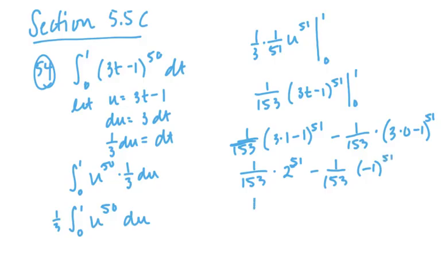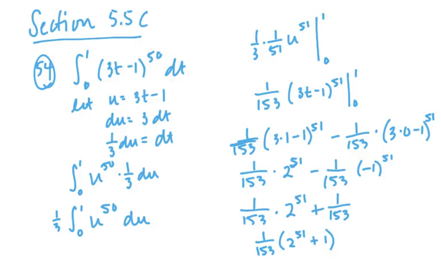So I have 1 over 153 times 2 to the 51st. And negative 1 to the 51st is negative, so this becomes plus 1 over 153. I would factor out the 1 over 153, so this will be 2 to the 51st plus 1. That's probably your best answer.